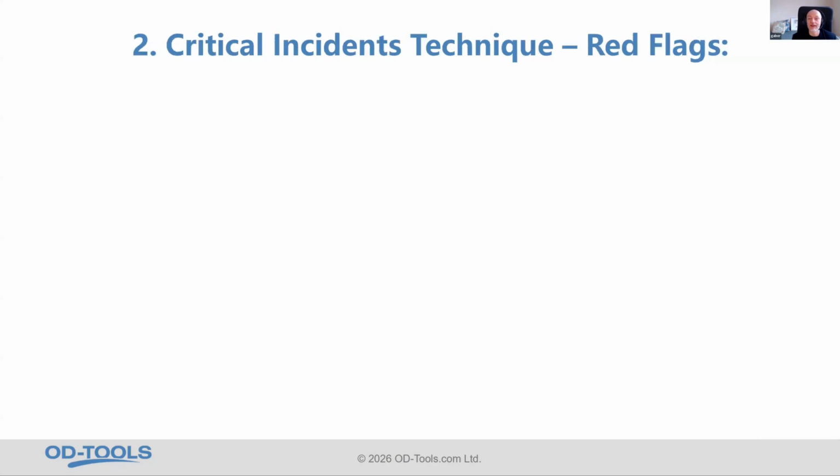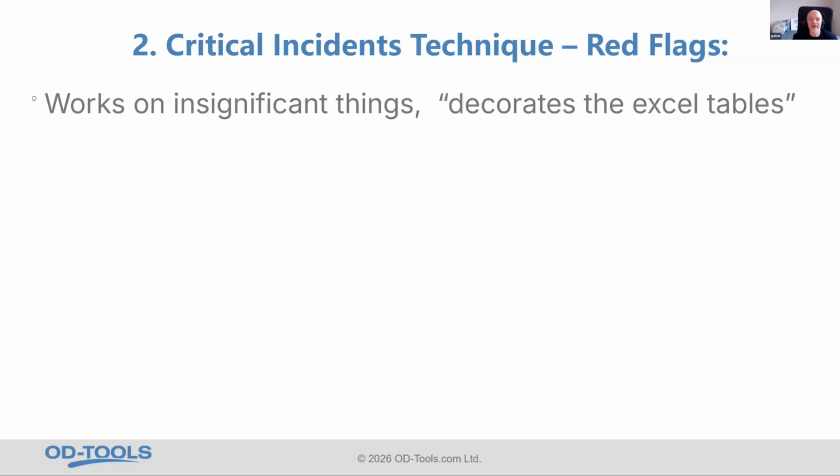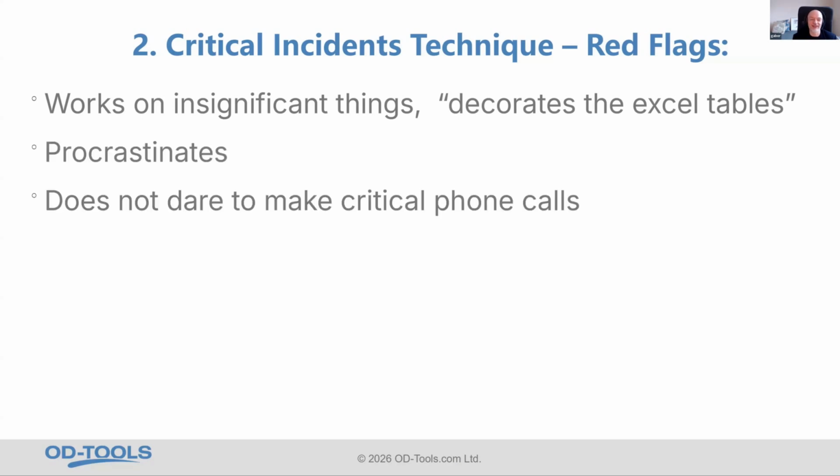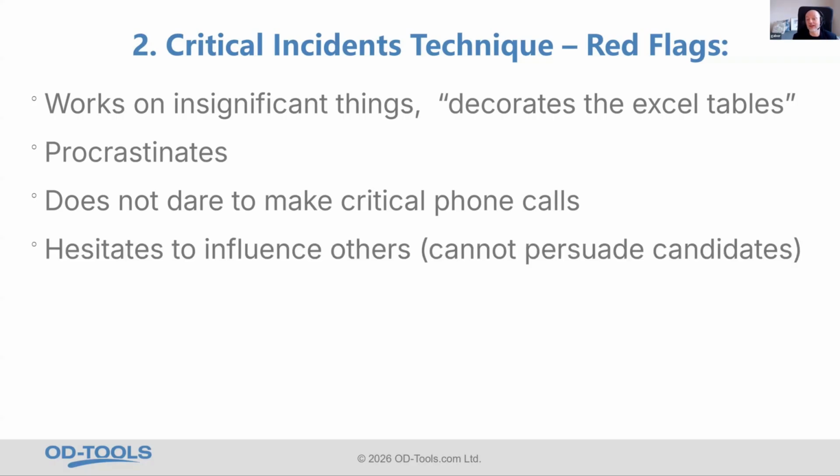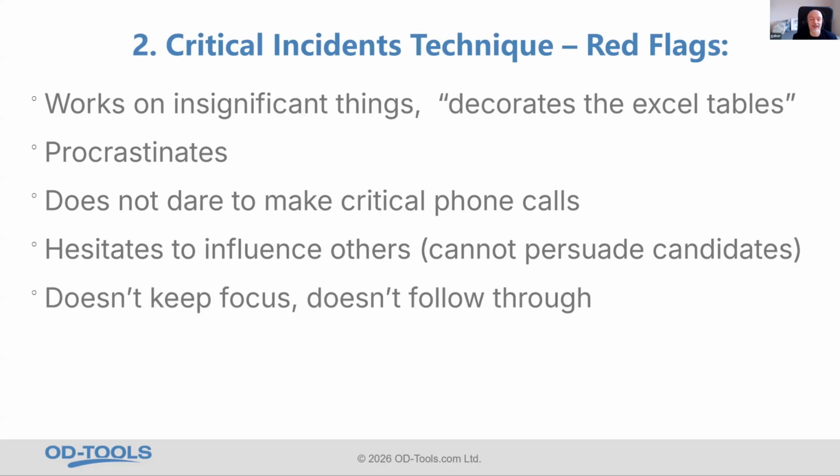Ildiko sent me these red flags that were surfaced by the critical incident technique. So these are behaviors that the bottom performers show. These are the typical ways how people fail. One is working on insignificant things, like, as an example, decorating the Excel tables, or procrastination, or does not dare to make the critical phone calls, hesitates to influence others, cannot persuade candidates, and doesn't keep focus, doesn't follow through.